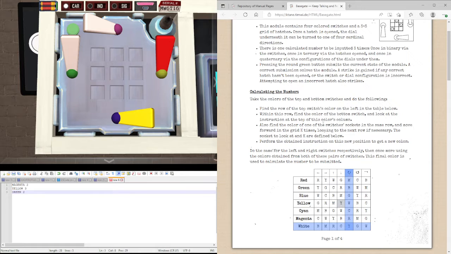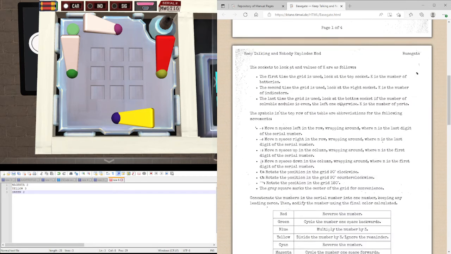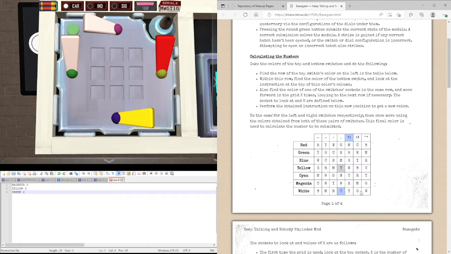We're now going to find our socket colour in the same row, that was magenta. We'll go forward K times, so 1, 2. And now we're going to follow this rule: rotate the position in the grid 90 degrees clockwise. So clockwise is around this way, so this will move up to here. This is our first colour, and we're going to note that down.